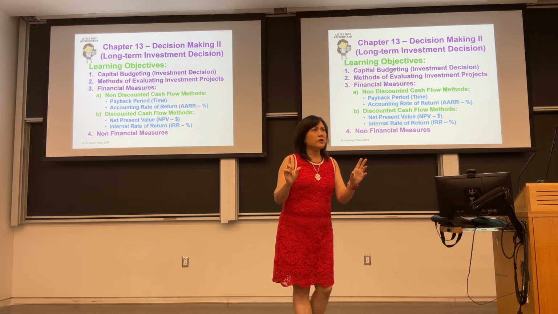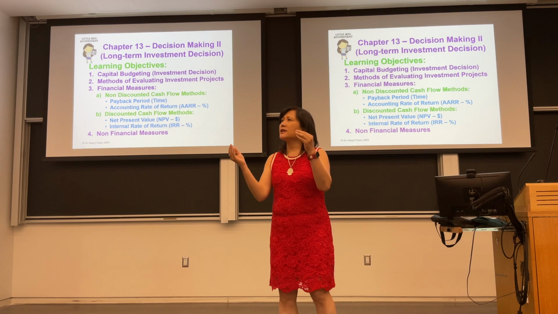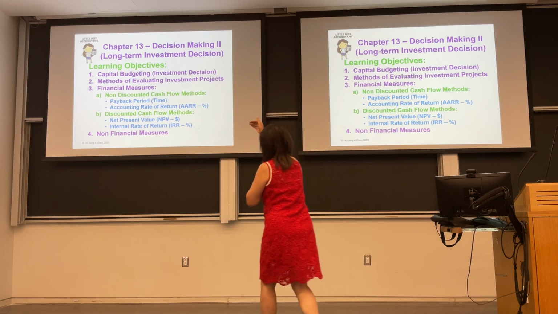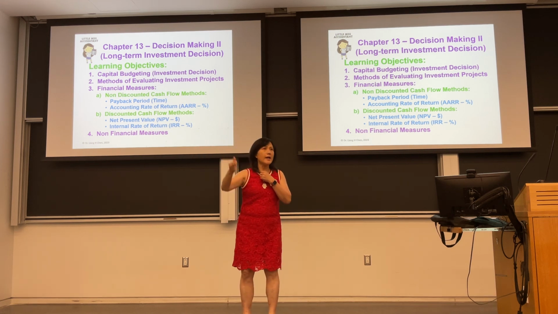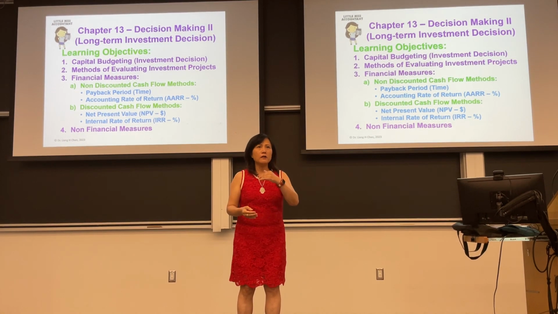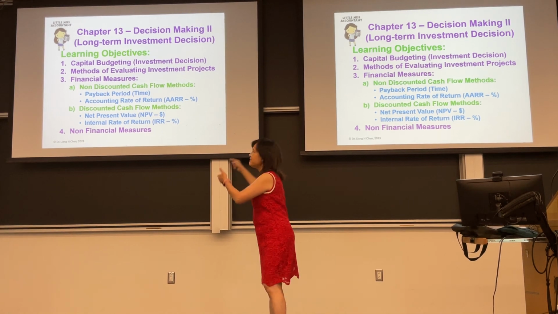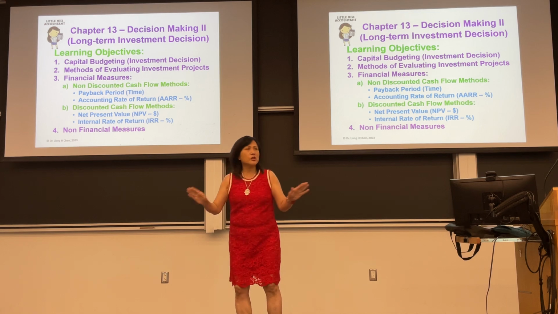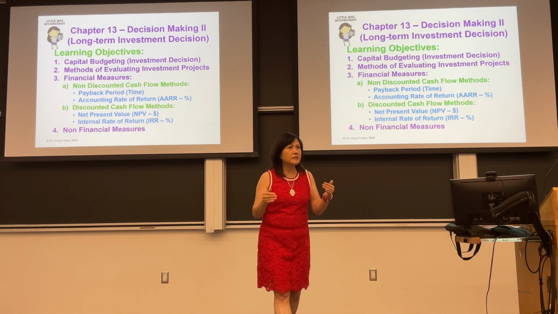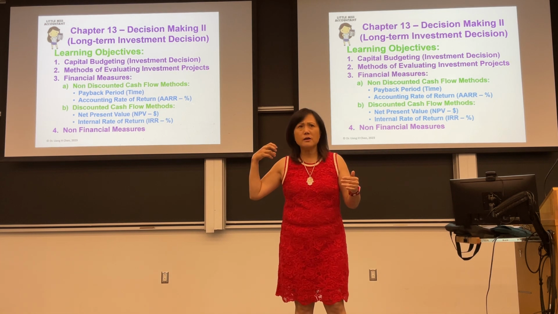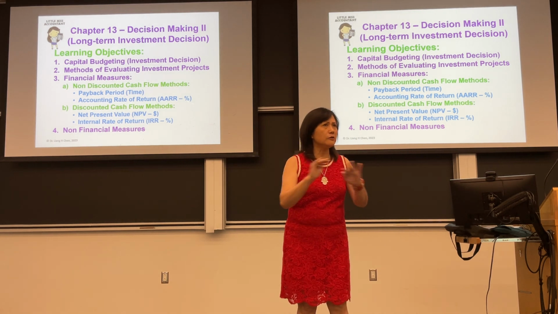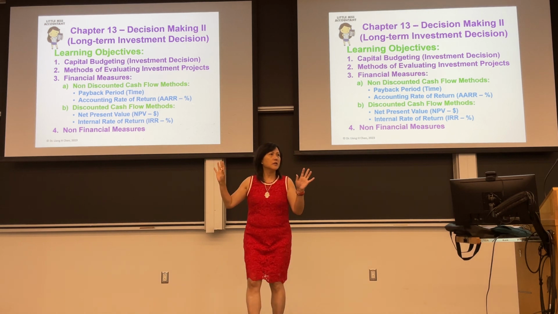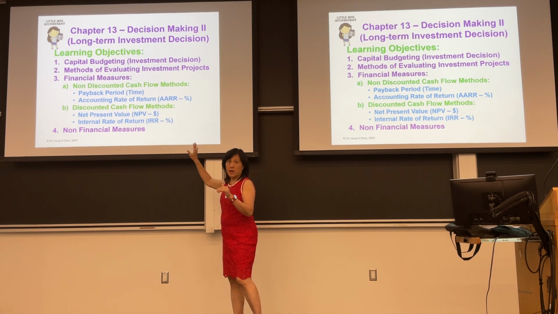When you do a question in the final exam, sometimes you get a conflicting message. Payback period says go ahead, ARR says go ahead, but net present value is negative. You should reject if net present value is negative, because your cost is greater than your benefit. Net present value trumps everything else in determining whether you should do it or not.